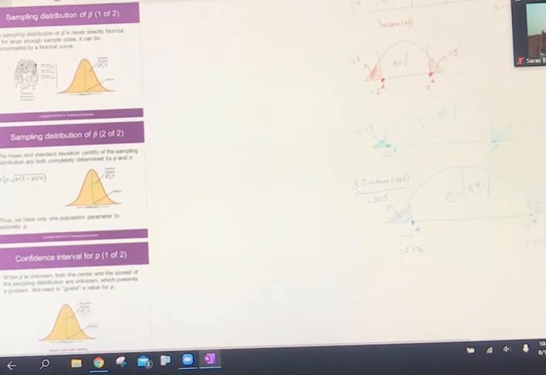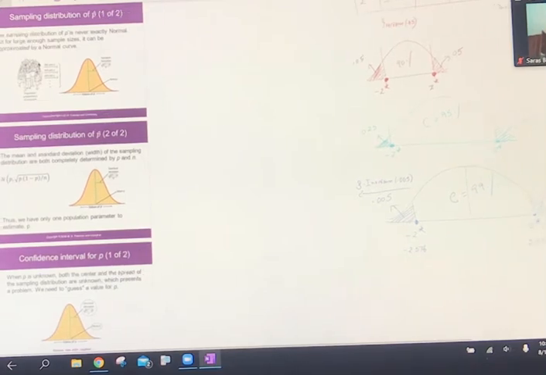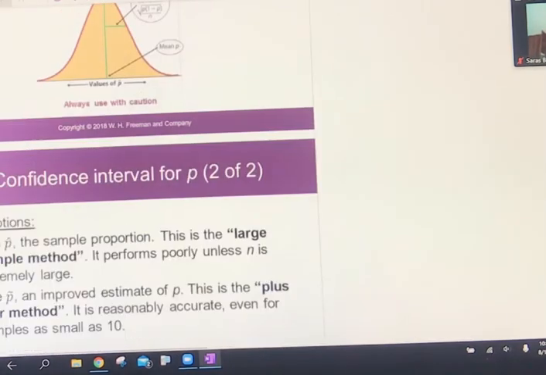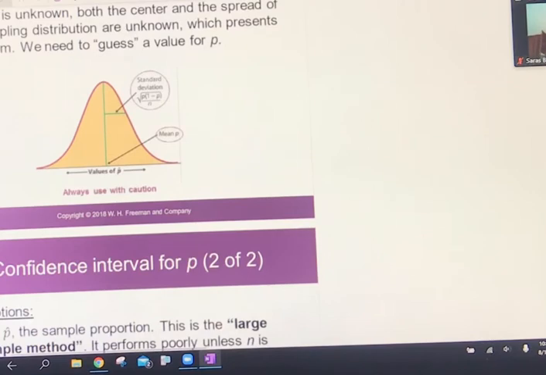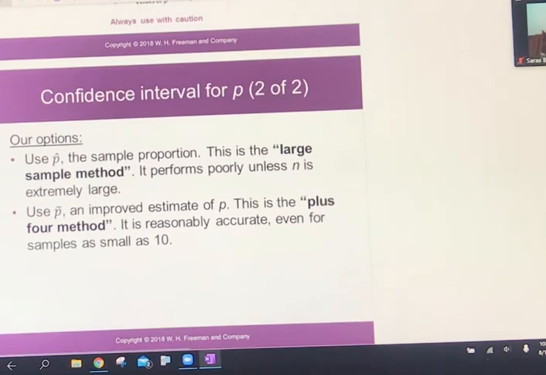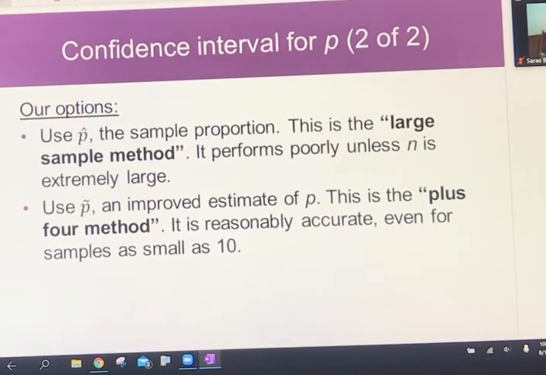I just went over it real quick, but you can refer to the PowerPoint slide and see how the same concept that I explained is given in here. All right, so here are the two ways to calculate the confidence interval for P.